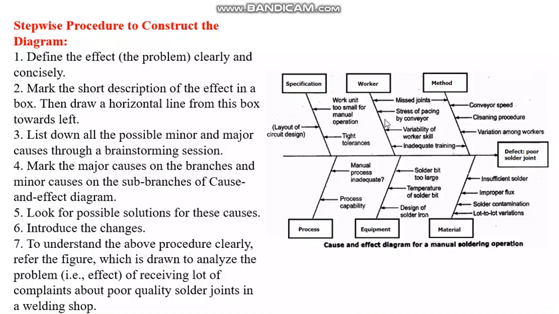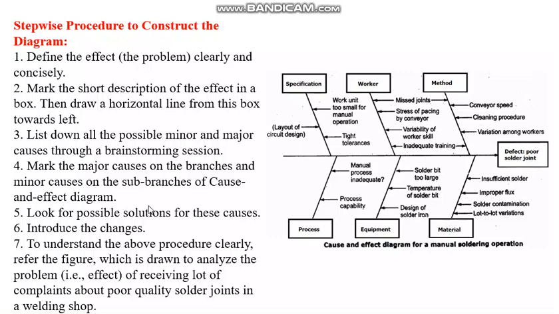Because of that, the worker is unable to do it. Or there is variability of worker skill: sometimes skillful workers, sometimes semi-skilled, sometimes unskilled people are working, inadequate training, and all these things. These may be the causes. Similarly, because of method, process, equipment, and material, various causes may be there because of which this poor joint is affected.